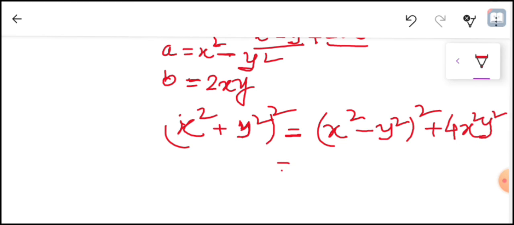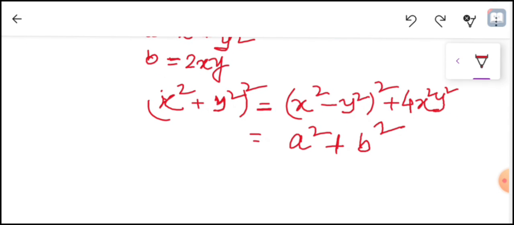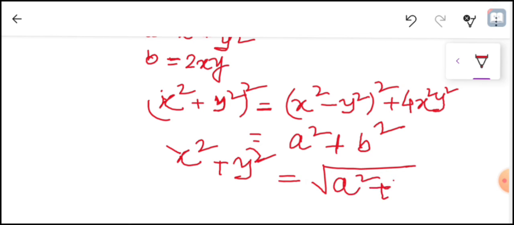This is equal to a square plus b square. So taking square root both sides, x square plus y square is equal to root over of a square plus b square.